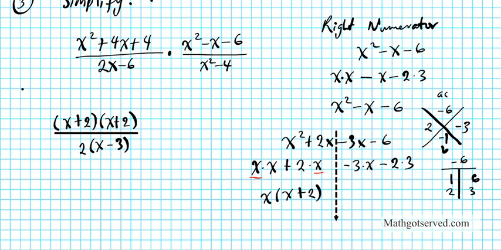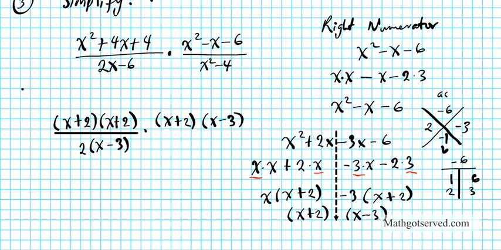And then on the right, I'll take out negative 3, and I'm left with x. The sign changes because we took out a negative, so this becomes plus 2, giving x plus 2. So the final answer is x plus 2 times x minus 3. That's your right numerator. Let's reinsert it: x plus 2 times x minus 3.